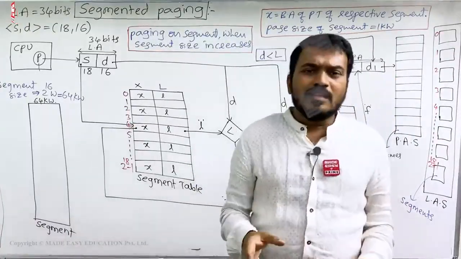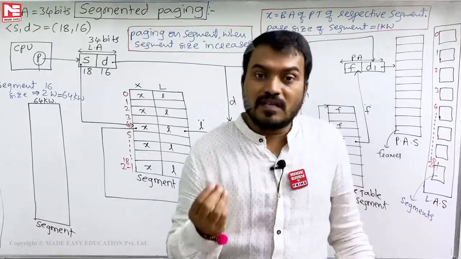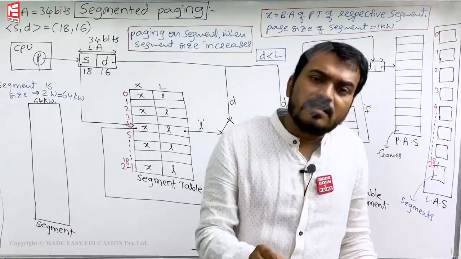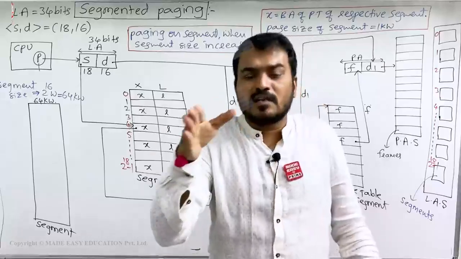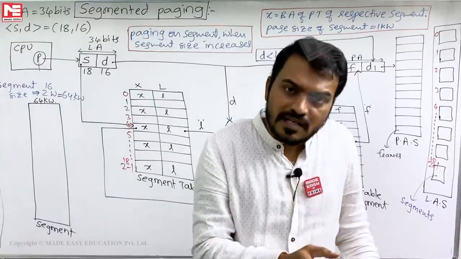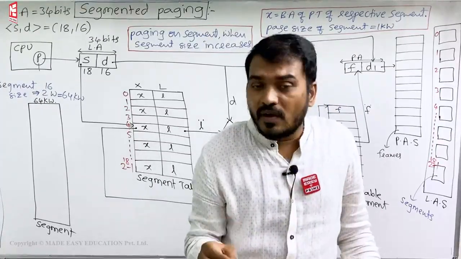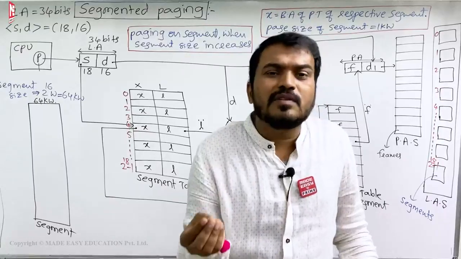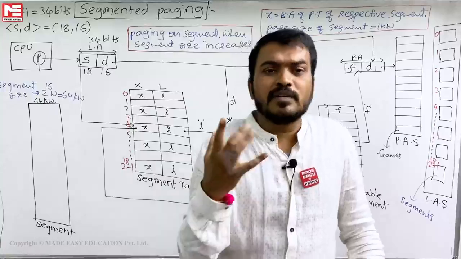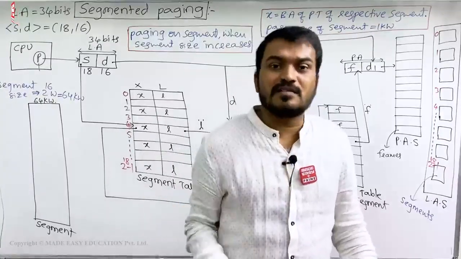Now remember, if the segment size increases, then it is unnecessary to bring the entire segment into main memory, because at any point of time the CPU will access only one word. It means the CPU will access word by word, instruction by instruction, it will execute.